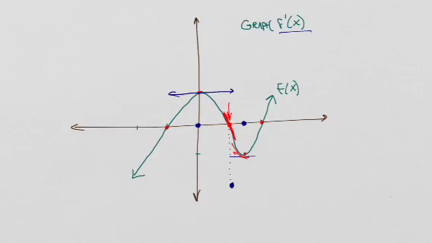And let's look at a few other points here. My slope at this point is still negative. This value of x, it's still negative, but it's less negative. And again, we're approximating, but I'm going to put a point right there. Here it's a little bit more negative than my last point, not quite as steep as it is here, but it's still negative, so I'm going to put a point down here.